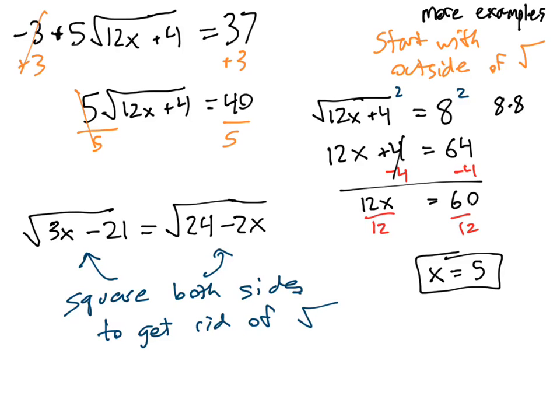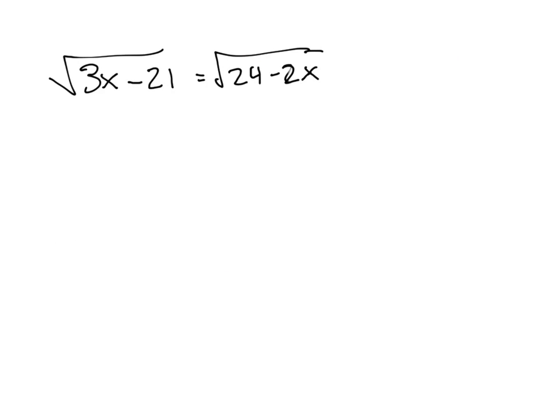And let's continue this on another screen so we've got some more room to work. So we're going to square both sides of this equation, and that gets rid of both of those radicals, and now we have 3x minus 21 equals 24 minus 2x.